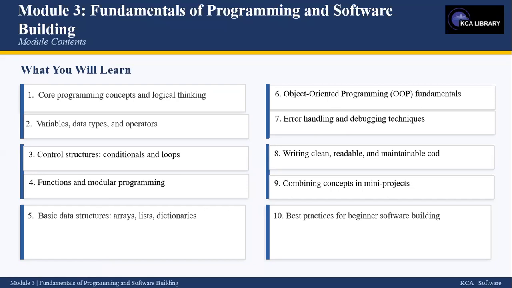Control structures that give software its decision-making ability, functions and the power of modularity, basic data structures like arrays and dictionaries, object-oriented programming basics, essential debugging and clean code practices, best practices for beginner software building. Let's jump right in.